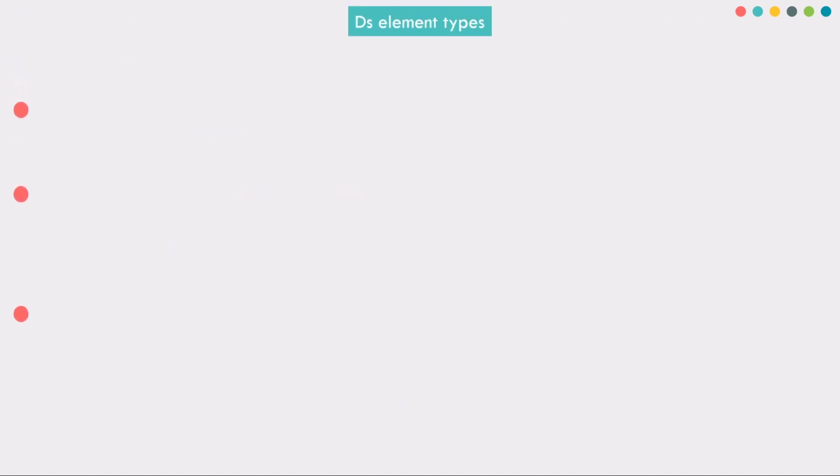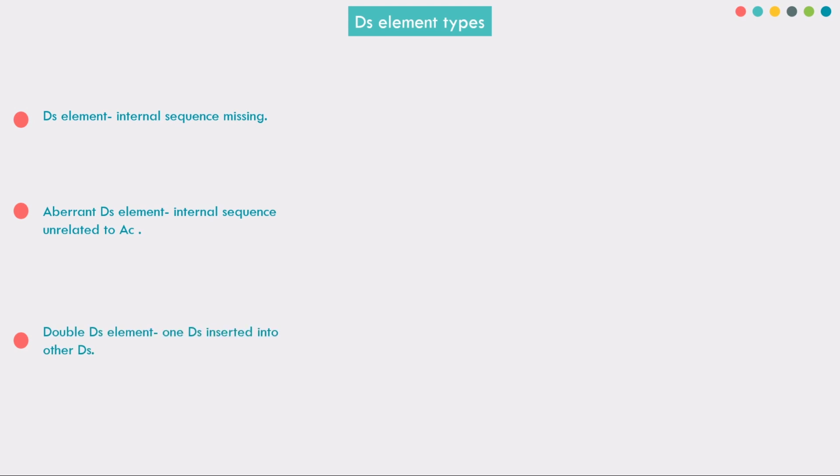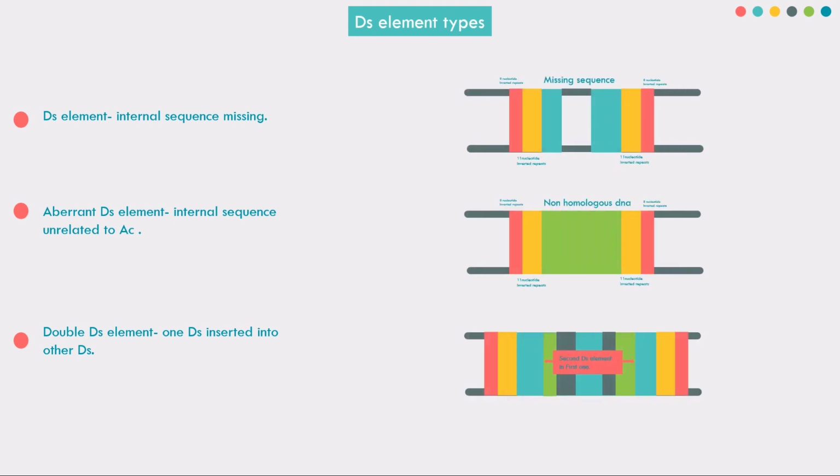There are three types of Ds element. The first one is internal sequence missing. What happens in this example is that some sequences that code for a transposase are missing in the Ds element.